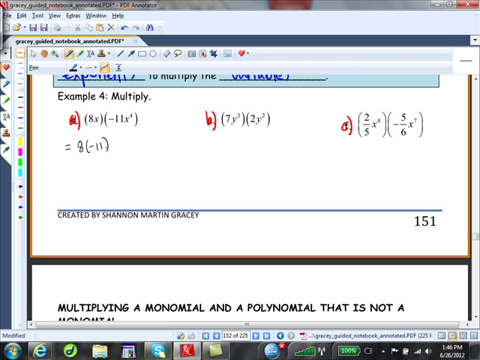Those are the two constants, the coefficients. Then we're going to have times x, and then times x to the 4th. Remember, x is the same as x to the 1. So 8 times negative 11 is negative 88. And then we get x to the 1 plus 4. So we get negative 88 x to the 5th. And we're done.